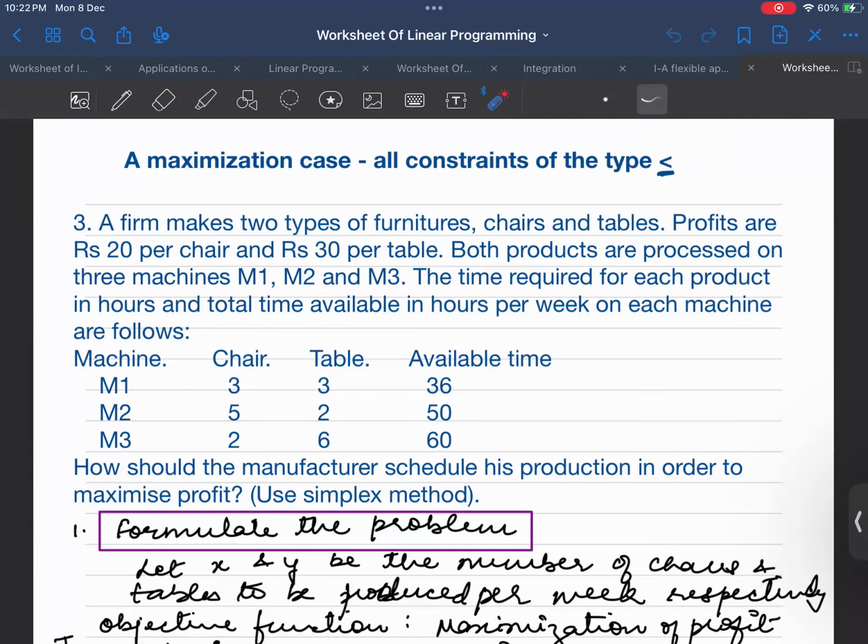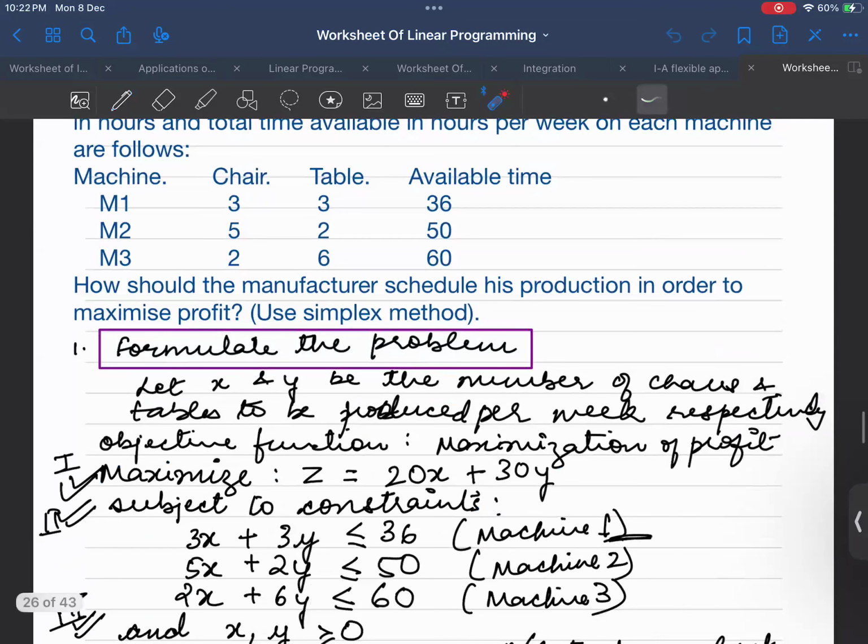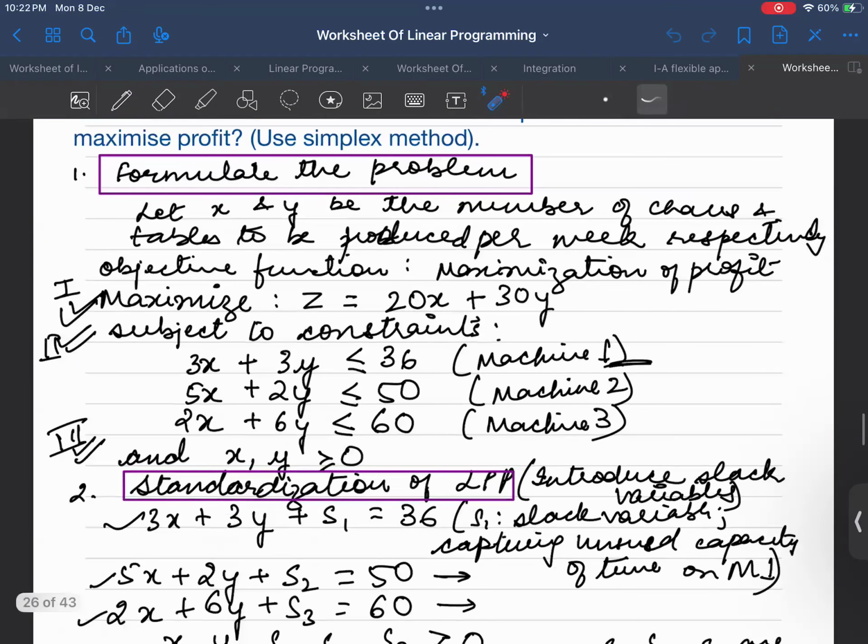The first step is to formulate the problem. What is required in the formulation of an LPP? First is the optimization objective, whether maximization or minimization. As this is a case of maximization, we will maximize Z equals 20x plus 30y.